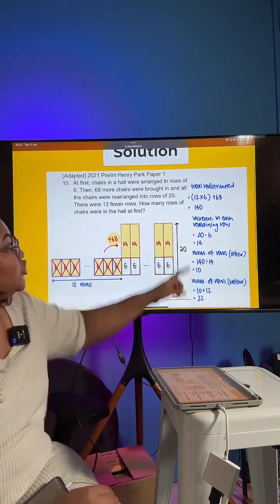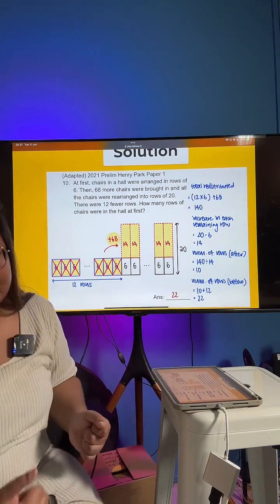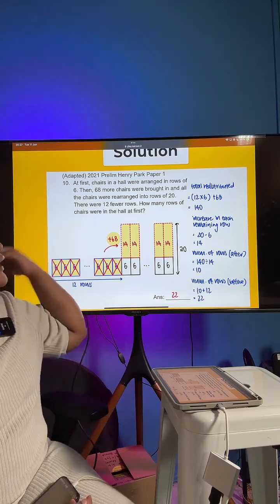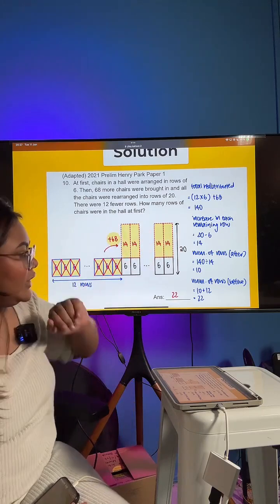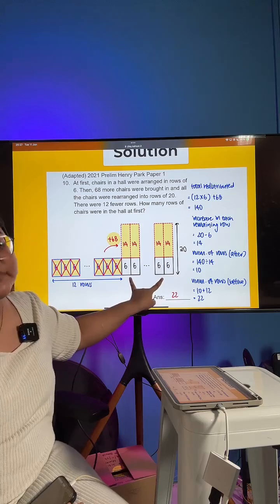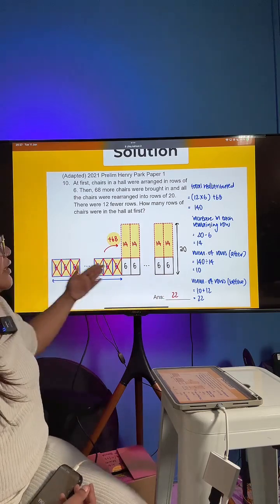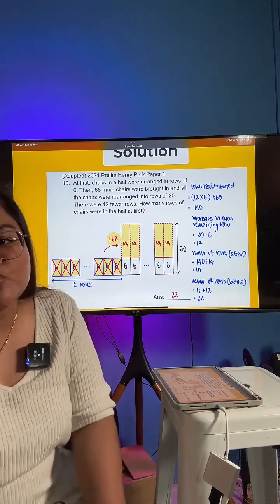So the total redistributed here is 12 times 6 plus 68 to give us 140. And this 140 is redistributed into 14 each to give us 10 rows in total. So the remaining rows is 10. So for us to have everything, it will be 10 plus the initial 12 to give us 22.